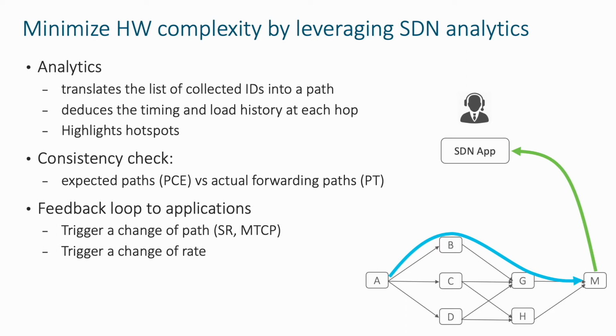In the analytics, we can show any inconsistency between the expected paths you get from the PCE and the actual forwarding paths detected by path tracing. So if you wish, you can check the inconsistency between the routing and the hardware forwarding, which is quite interesting.